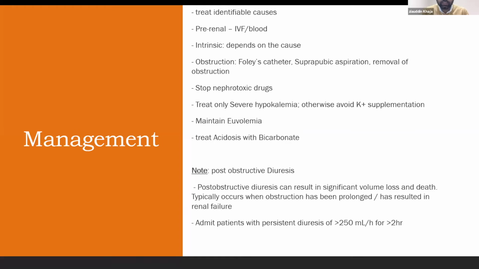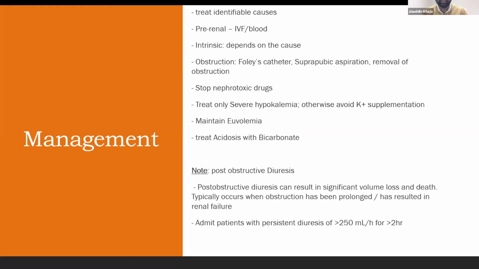Right. So coming back to the post-obstructive diuresis. Again, it can result in significant volume loss. It's just like when we're kids, we do the siphon system. Just suck from the pipe and put it, and everything just goes into the other container. My analogy is similar to that.